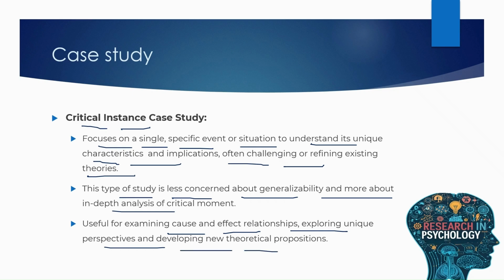Okay, so this kind of study is used to find out why something has happened or what has caused that event, right? And exploring new perspectives or new ways of looking at an already existing problem or maybe an event that has already happened. And this also helps in developing new theoretical propositions. All right, so that is critical instance case study.